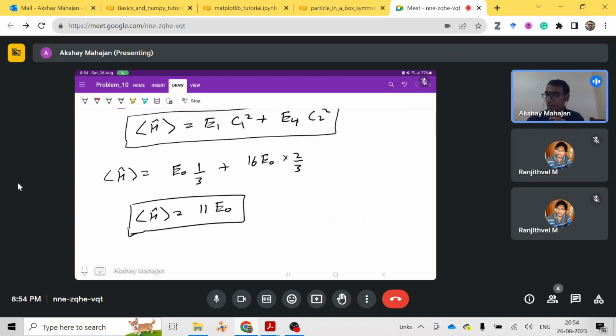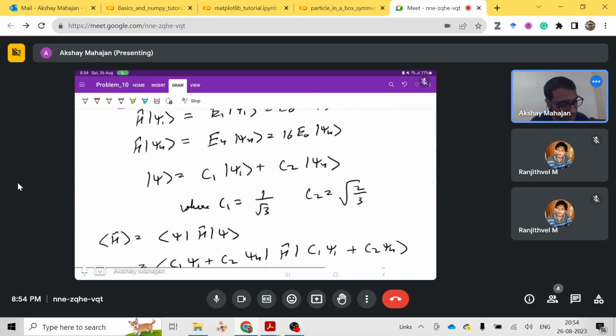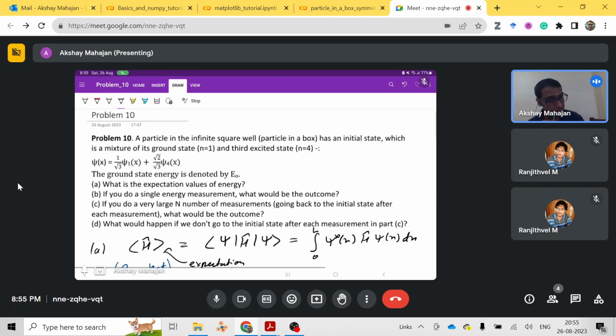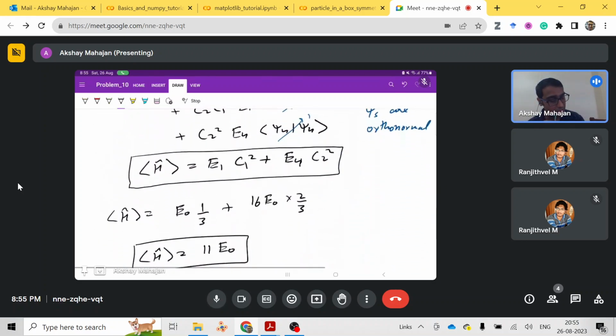Alright, now let us go to the B, C and D part. In part B it is asked: if you do a single energy measurement, what would be the outcome? If you do a single energy measurement, this wave function, which is a mixture of two states, will collapse to any one of these states.